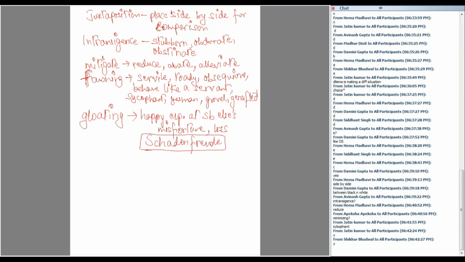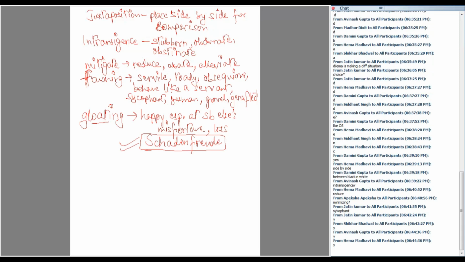Schadenfreude is when you're happy, when somebody has lost or when somebody is experiencing some misfortune. Don't forget these words. These are important. Schadenfreude is a very important word, and gloating also. Okay, is this clear? Schadenfreude and gloating. You are happy when somebody else is in trouble.